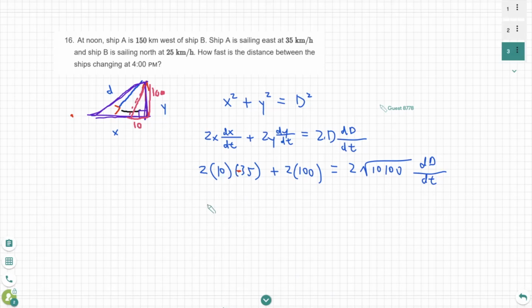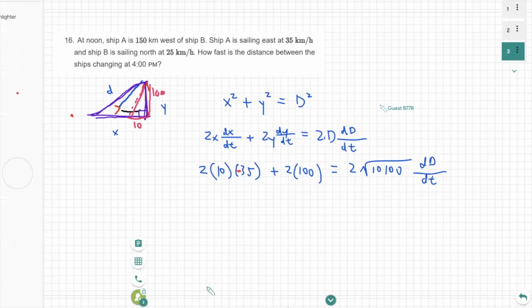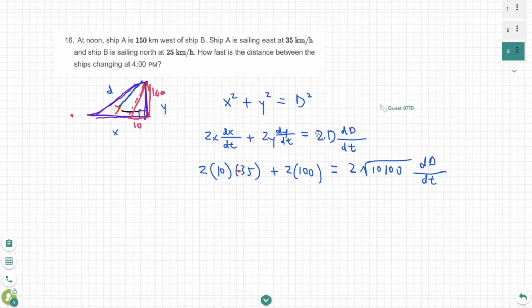Oh yeah, I see why now. Okay, so it would be negative. I forgot the 25 here. So 10 times negative 35 is negative 350.